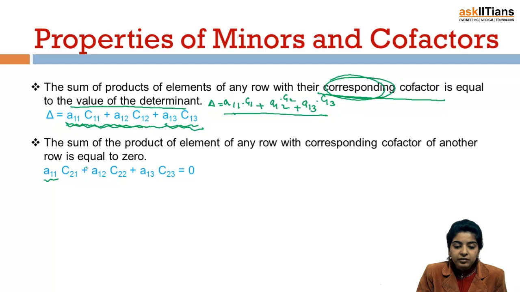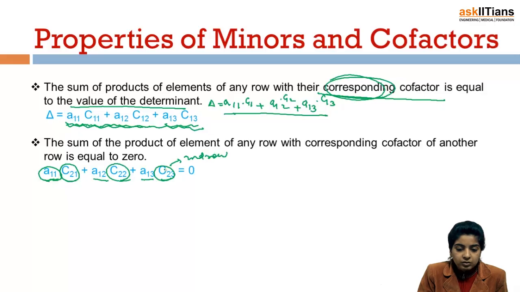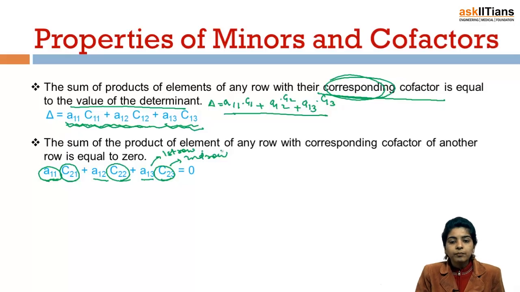But now this property says if we multiply the elements of the first row, A11, A12, A13, with the corresponding cofactors of some other row, say the cofactors of the second row, then that will be equal to 0.